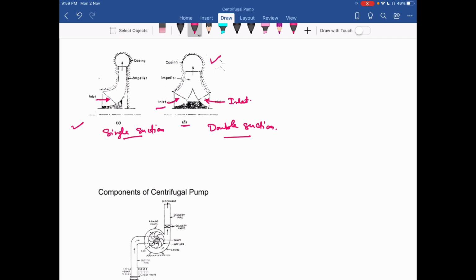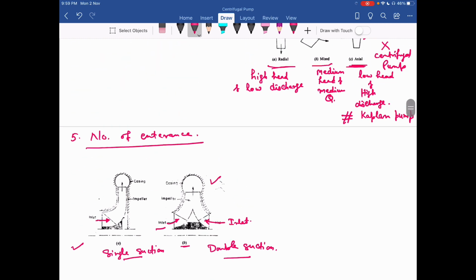And then the sixth one is on the basis of position of shaft. So depending upon the position of shaft, we have vertical shaft centrifugal pump, and second one is horizontal shaft centrifugal pump.